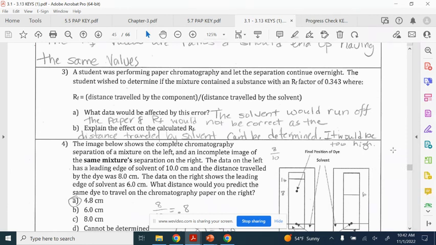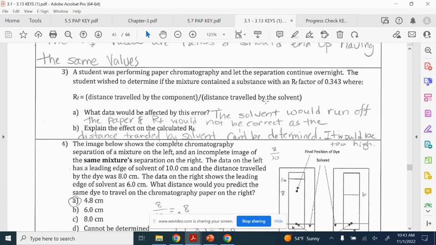Wait, so the solute is what stops, right? Yes. So that would just stop, and then the rest of it would run off the paper? Or would it just keep going, but very slowly? The solvent would probably continue to run, but the solute would stop.